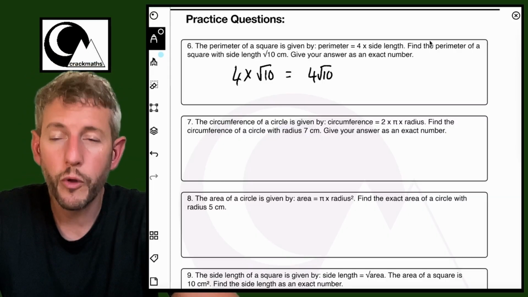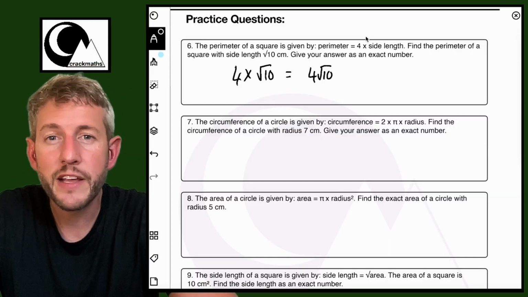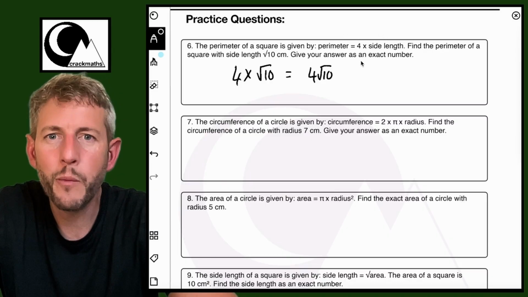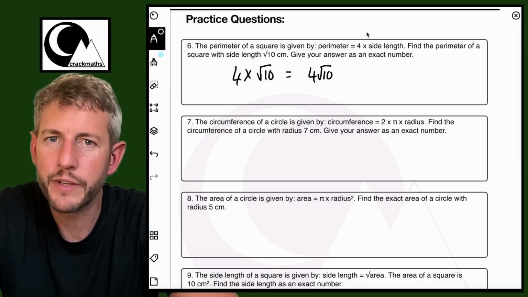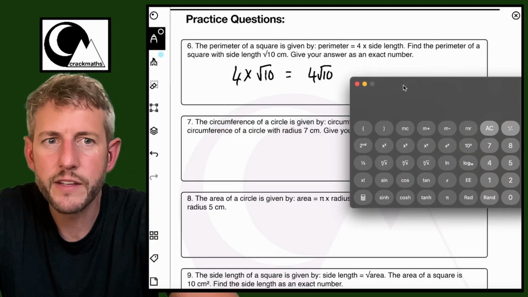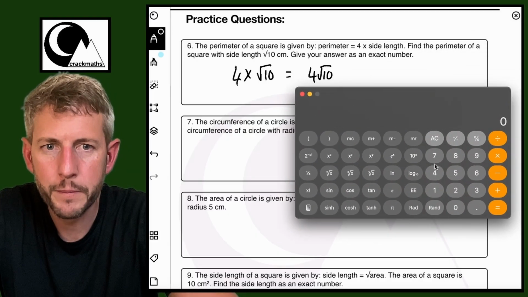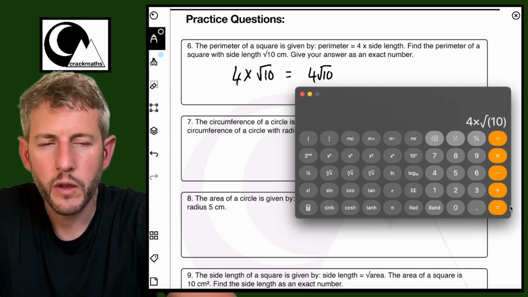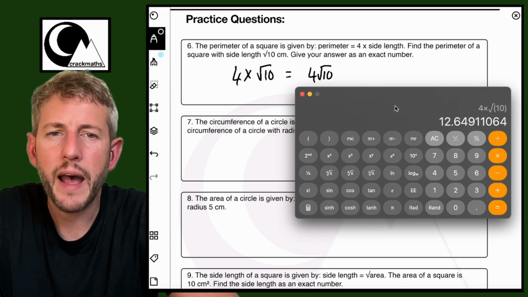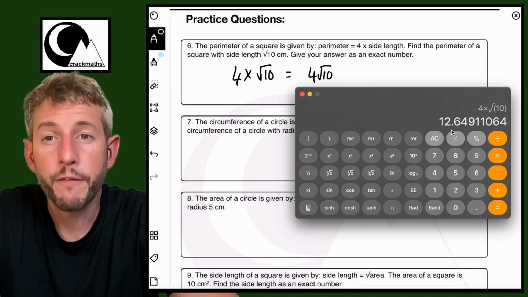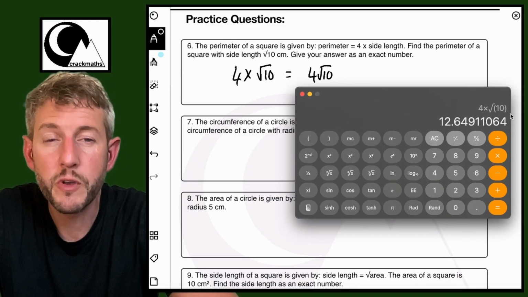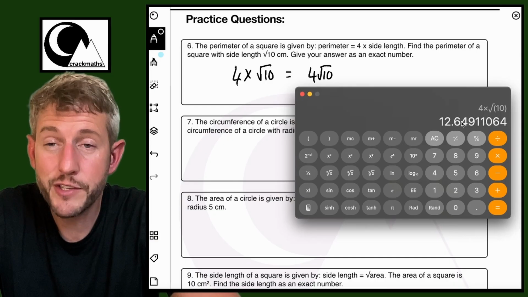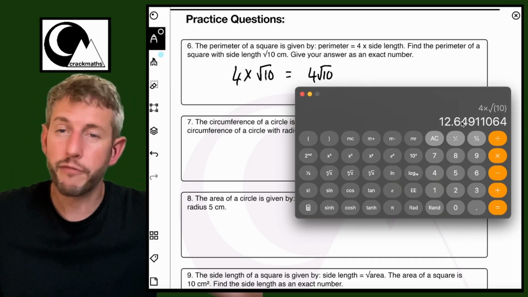So when they say they want their number as an exact value, they just want you to leave it as is, okay? They don't want you to work this out, they don't want you to round it. Because if we did do that, if we could do it here, 4 times the square root of 10, we could get this here. But as you see, we couldn't feasibly write down all of the numbers, because although the calculator has only shown us these digits here, these numbers would just continue on forever and ever.